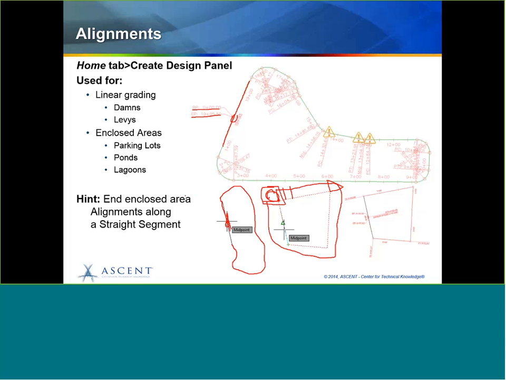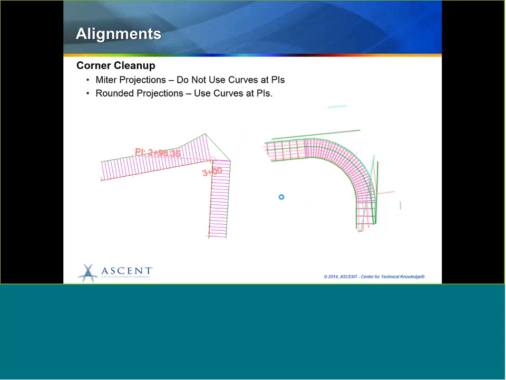But when I come to the end, the second to last point will be at the end point of the line, and then it will end at the midpoint again, so that we have a nice straight line, and we won't have any gaps between our beginning and ending stations.